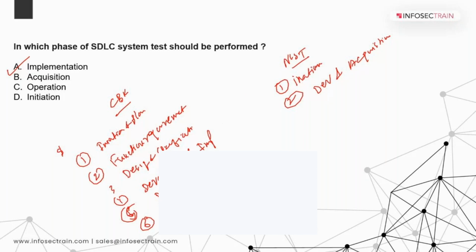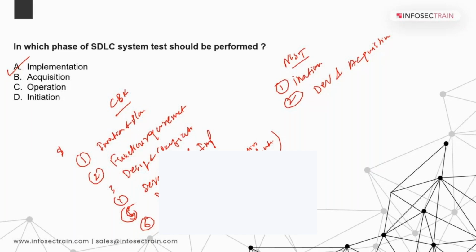In testing, two very important points. Always remember, in testing and evaluation, some sub-activities happen: certification and accreditation. Certification is technical evaluation, and accreditation is your management approval.